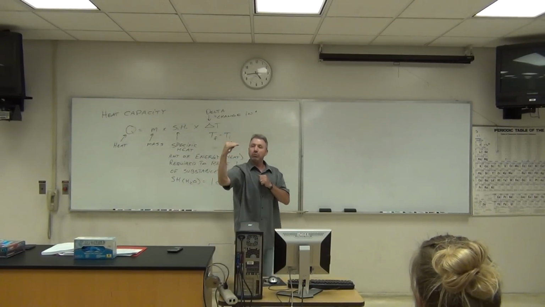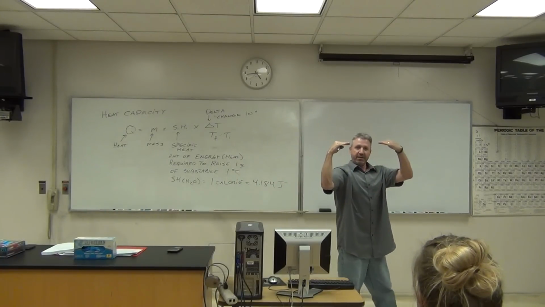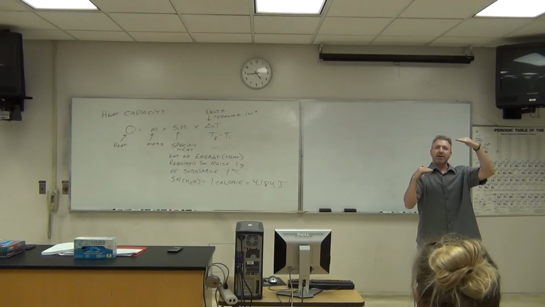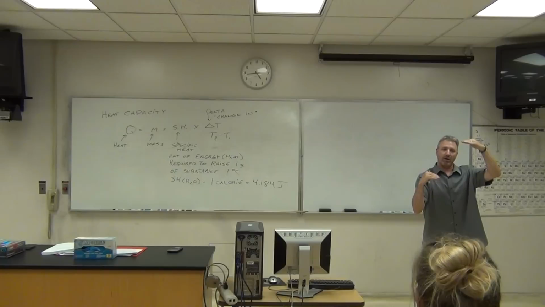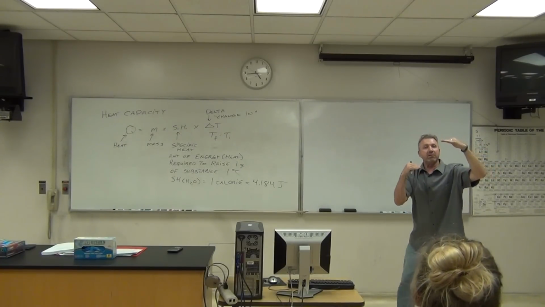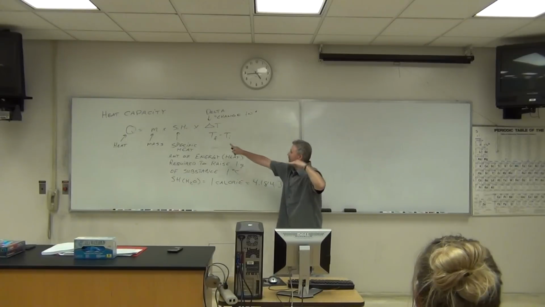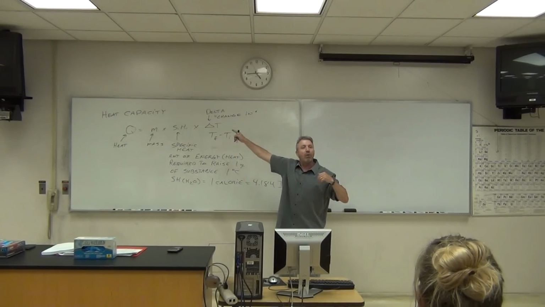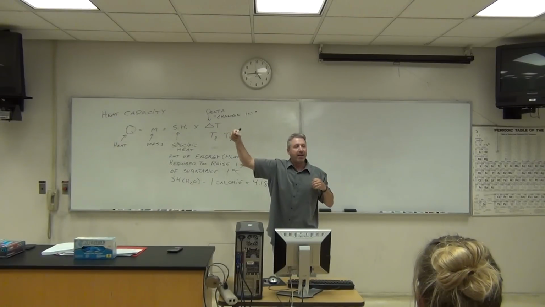Now let's say you're cooling an object. By definition, if you're cooling an object, the final temperature is lower than the initial temperature. Otherwise, you're not cooling it. If the final temperature is smaller than the initial temperature, delta T will always be negative.